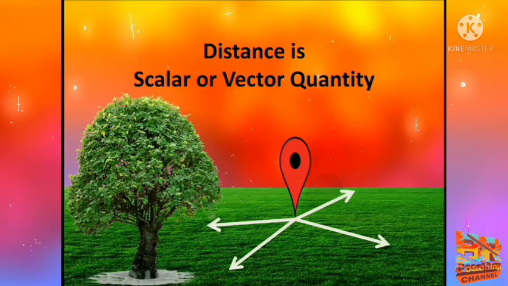A vector quantity has both direction and magnitude. Suppose from school to your house the distance is 5 kilometers. 5 kilometers is nothing but distance. That is, it has only magnitude, my dear children, no direction.